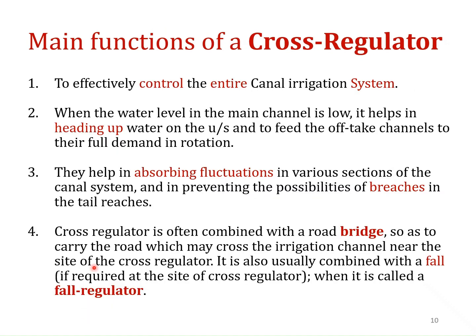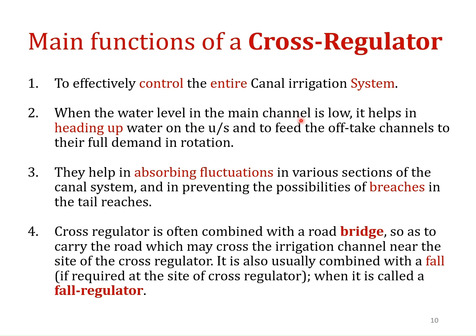Okay, the next is the main function of the cross regulator. Again, the cross regulator is on the main or parent channel to effectively control the entire canal irrigation system. Because it's on the parent channel, when you operate these gates, you can control the entire downstream of the cross regulator, meaning the entire network downstream of the cross regulator.